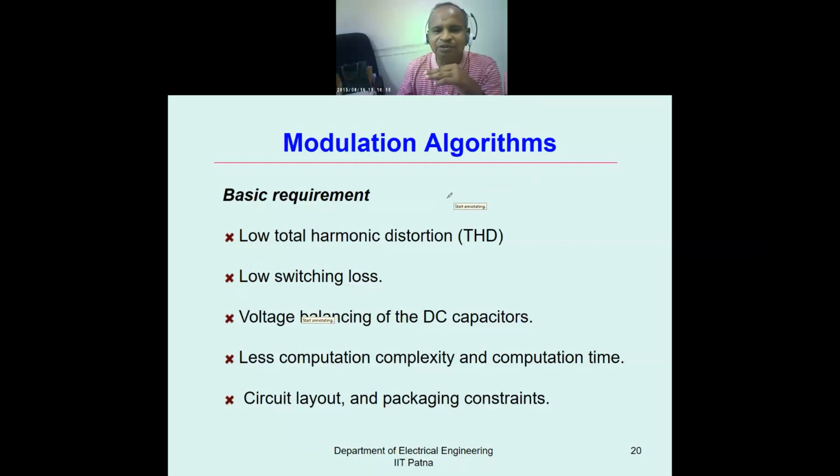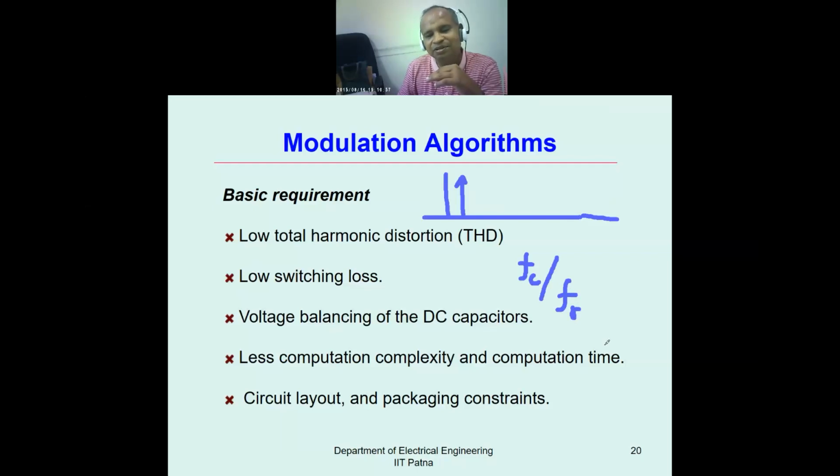Because the triangular wave is very high frequency, 10 kilohertz or 5 kilohertz, it is compared with the sine wave, and you switch that way. So what happened? You have a fundamental. Then the next harmonic will be at order M, according to frequency modulation: F of the carrier divided by F of the reference wave.